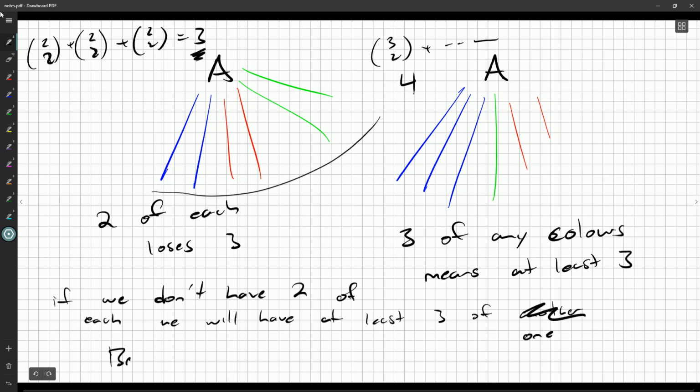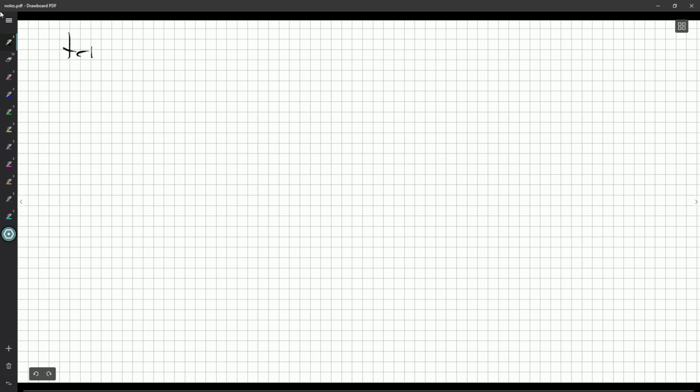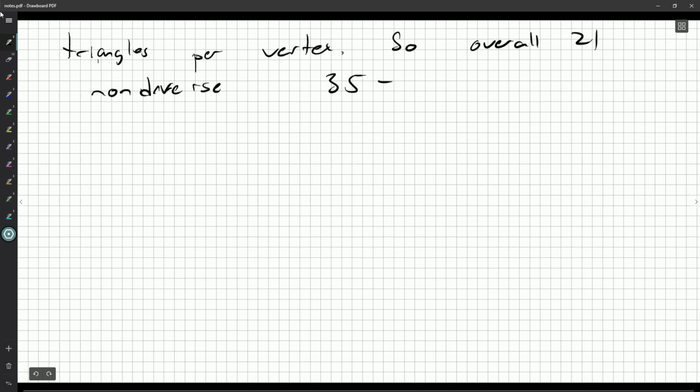Okay, so the best we can do is 3 non-diverse, I think I called them triplets, per vertex. So overall, 21 non-diverse. And therefore, since there's 35 triangles overall, that would be 14 diverse at most. Okay?